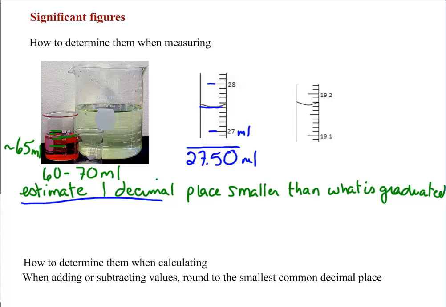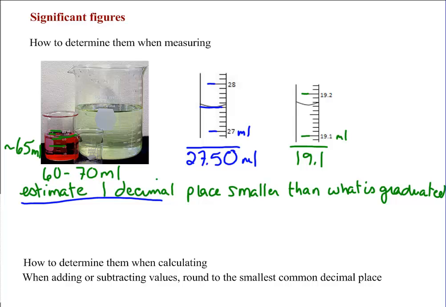If we look at this third volume measuring tool, probably a burette or maybe a pipette, we see that it's graduated to hundredths, because here's 19.1, let's call it milliliters again. Here's 19.2, so there's 10 tick marks, so we have 10 hundredths. So my volume here is going to be 19.1, because I've got it there.